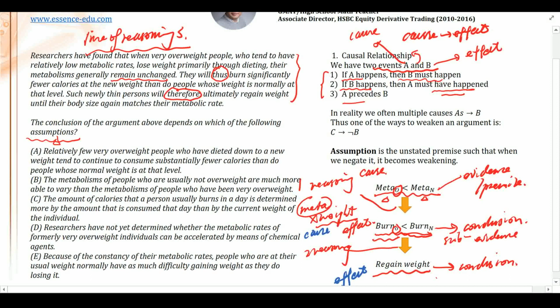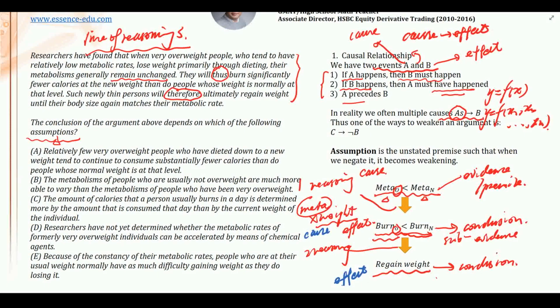Okay? So remember, in reality, we often have multiple factors, multiple causes influencing one effect. Reality is not that simple, right? For example, whether your business is successful or not depends on many factors. One of them is marketing. You have learned one marketing model.